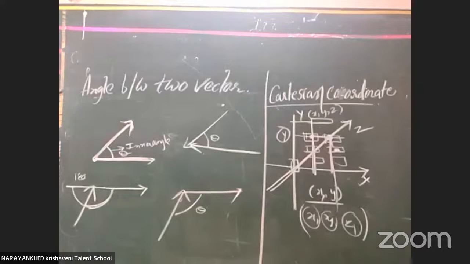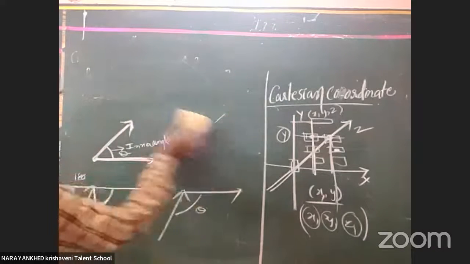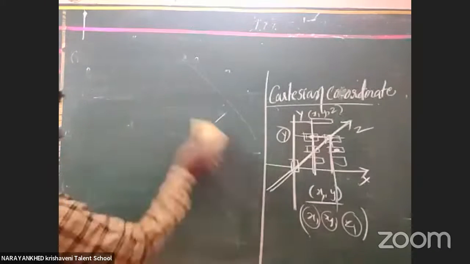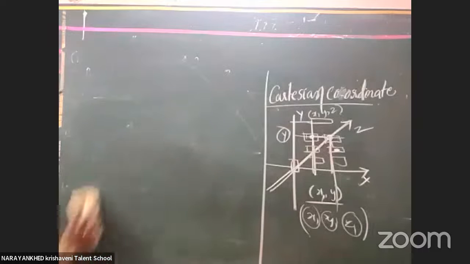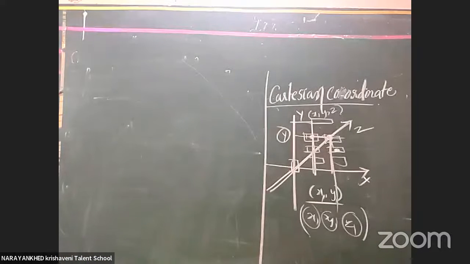One more vector is also there, that is the orthogonal vector. The next component is the orthogonal vector.